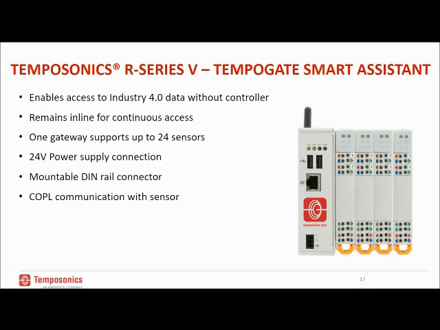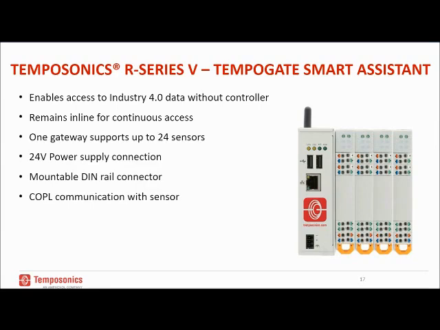And as far as the gateway itself, it has the ability to support up to 24 smart sensors. That is, sensors that have the ability to transmit Industry 4.0 related data. It's powered by a 24-volt power supply. Normally, this would be mounted in your cabinet somewhere, along with all your other hardware, using DIN rail.